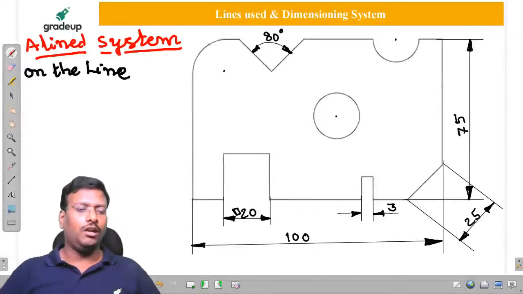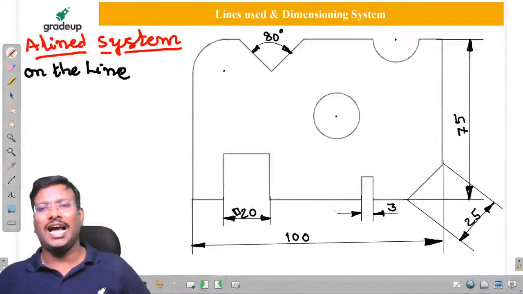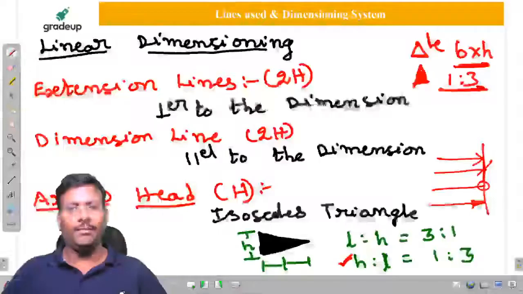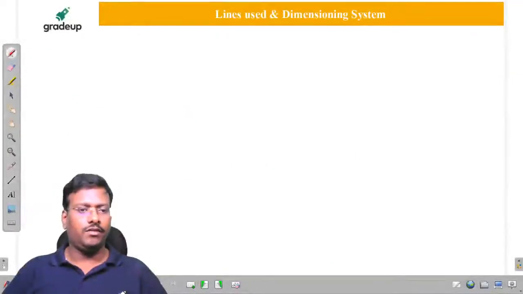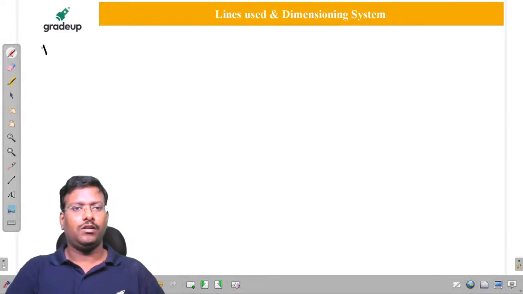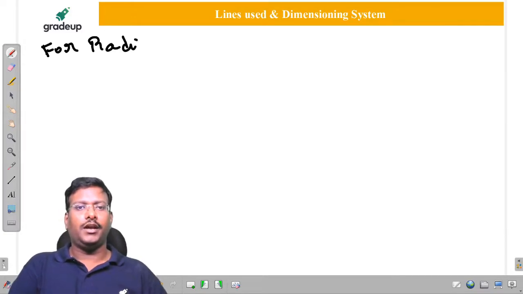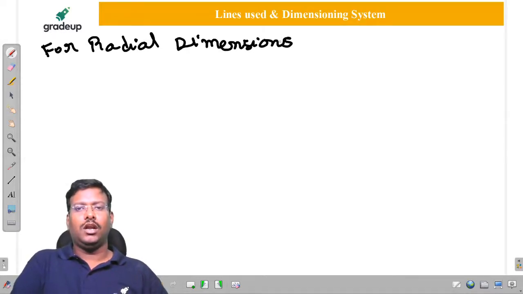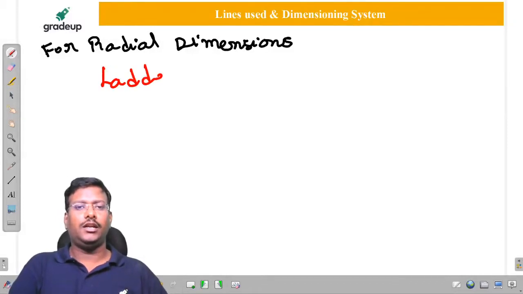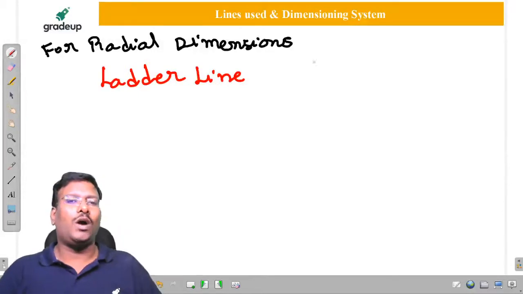Then first of all, you have to draw the ladder line. So for radial dimensions, we have to draw the ladder line. So what is the nature of it?